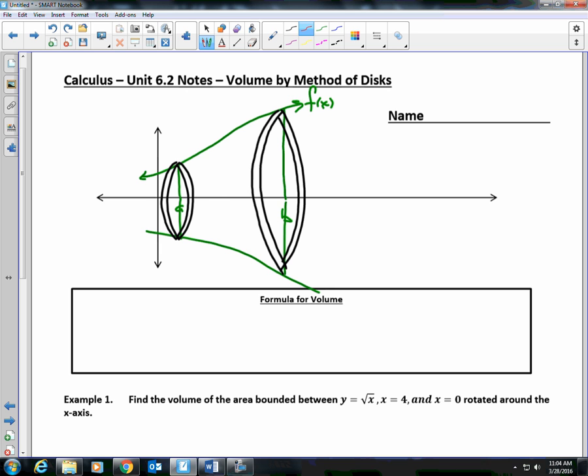So what we did is we found the area of a rectangle. But now what we're going to do is take that rectangle and spin it around. Sure, a funnel would work, but it's solid all the way through.